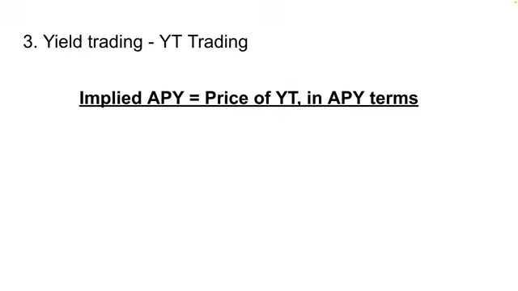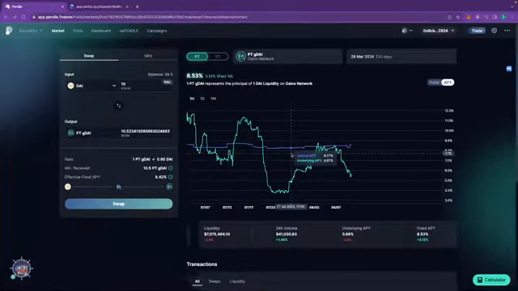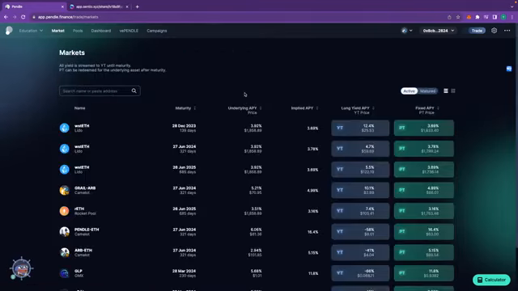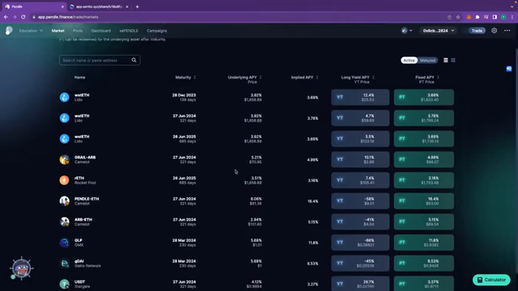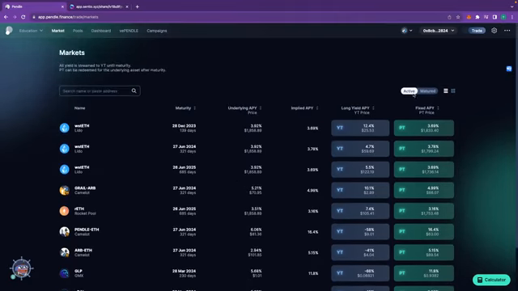Okay. Now again, the easiest way to understand things is to see it in action, right? Let me show you exactly how to check YT. Again, let's look at the market page to spot undervalued YT. Okay, maybe let's look at the ETH chain.